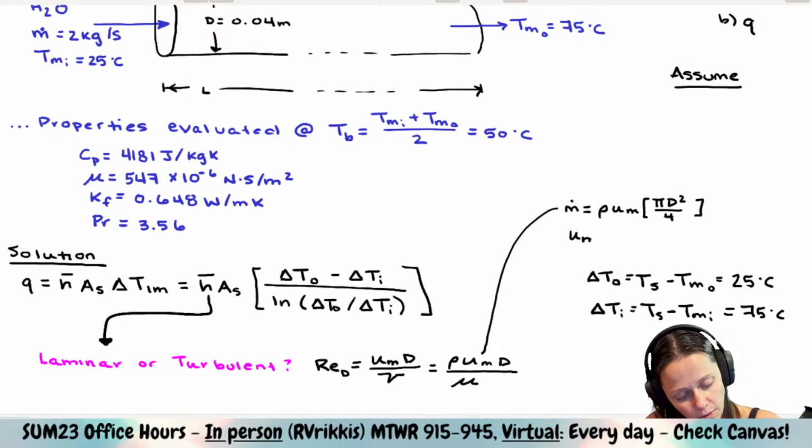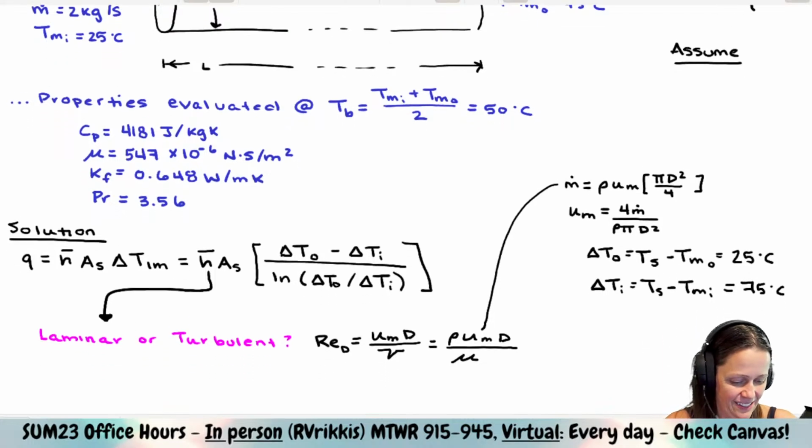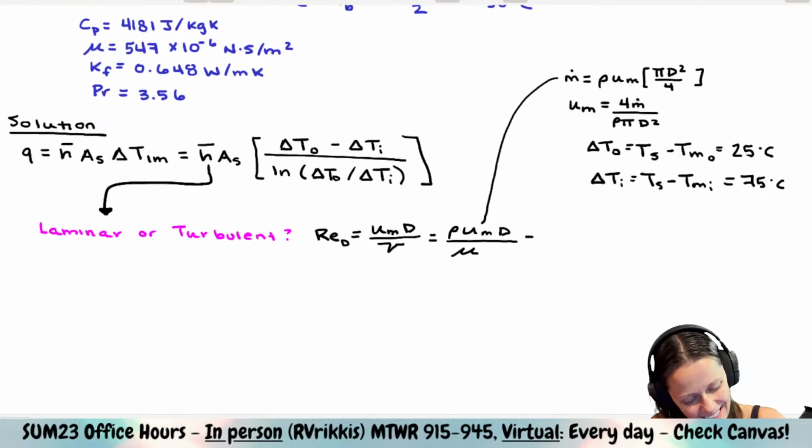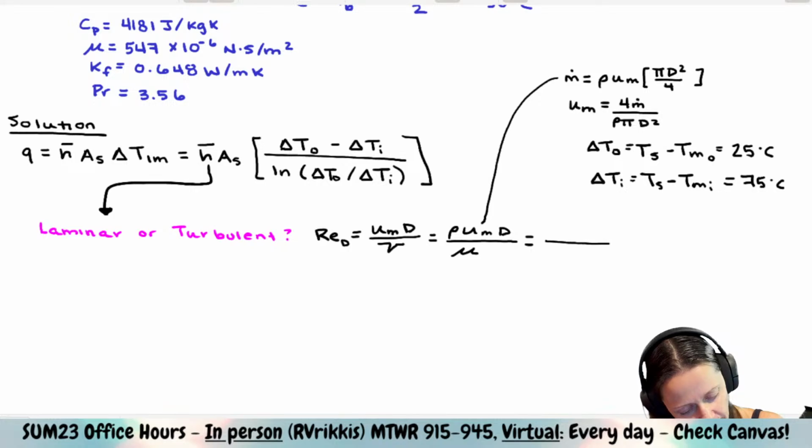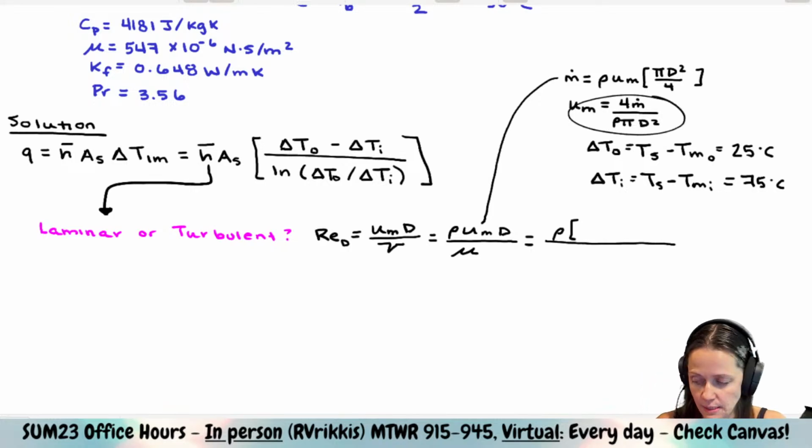So my mean velocity is just going to be 4 m dot over rho pi d squared. Let's plug that in there. Wait a minute, did I do that right? Yes, I did.